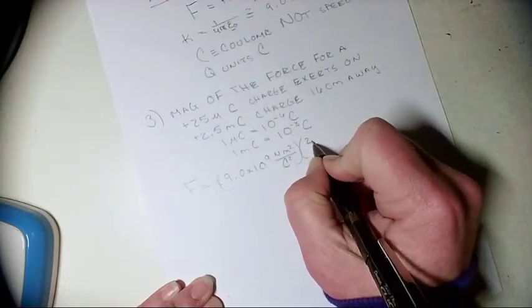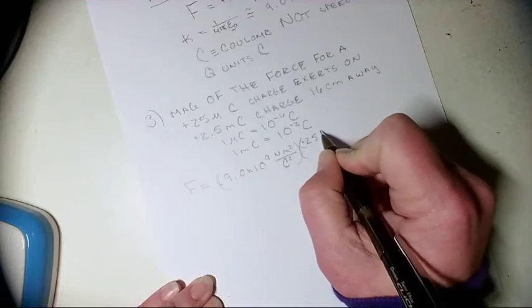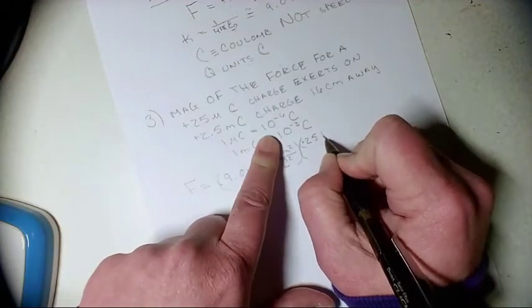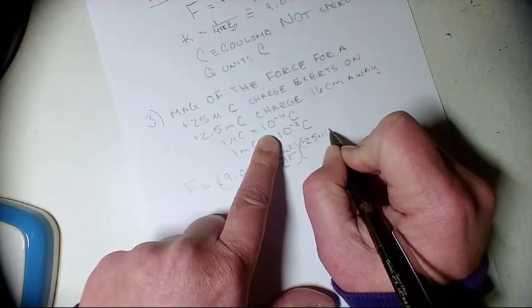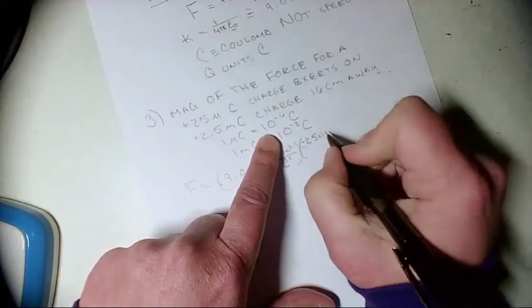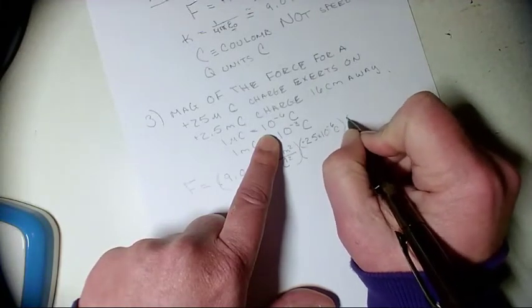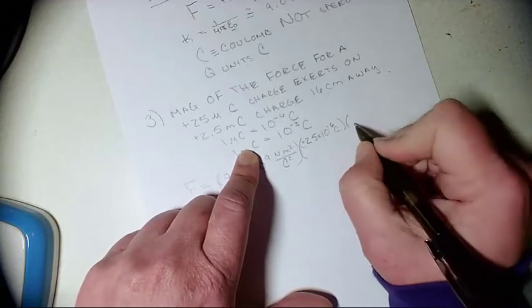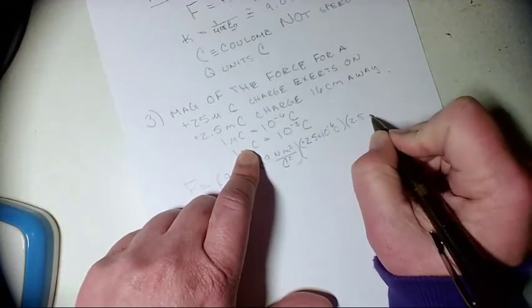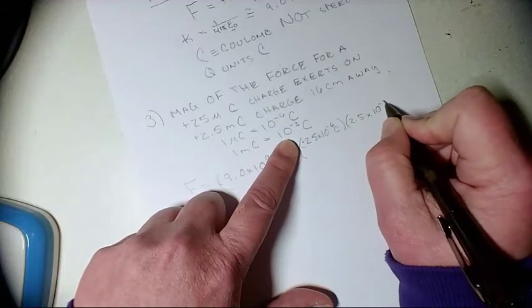So 25, and it's positive. 25 micro, 10 to the negative 6 coulombs, times 2.5 times 10 to the negative 3 coulombs.